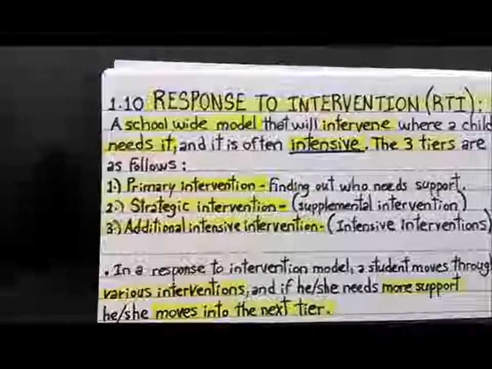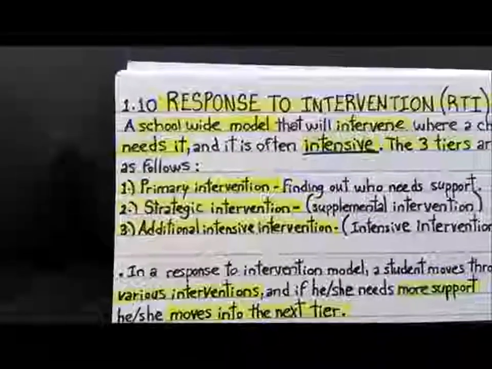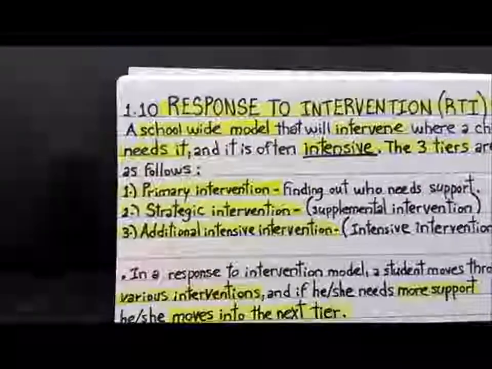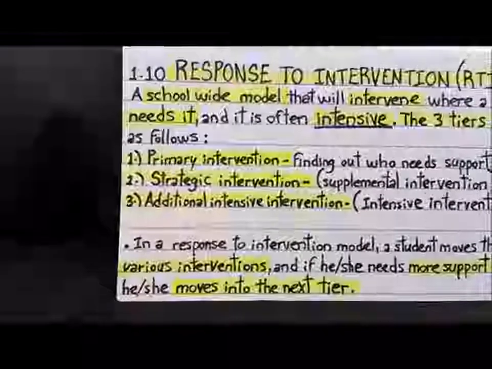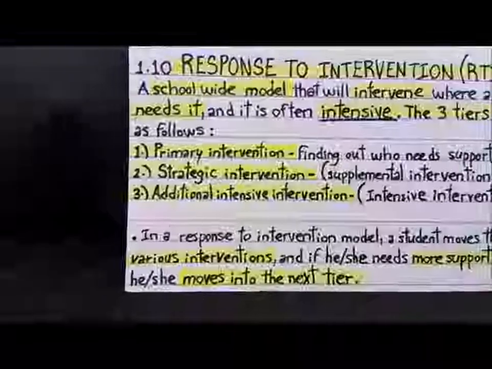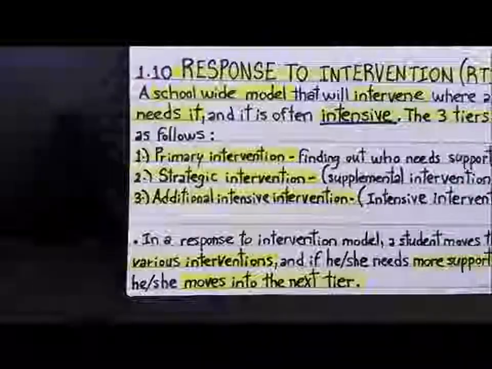Strategic intervention is supplemental intervention. Additional intensive intervention. In a response to intervention model, a student moves through various interventions, and if he or she needs more support, he or she moves into the next tier.